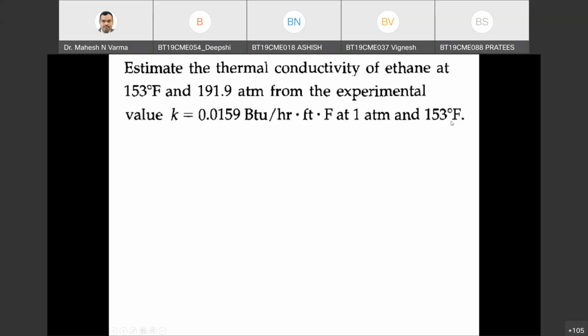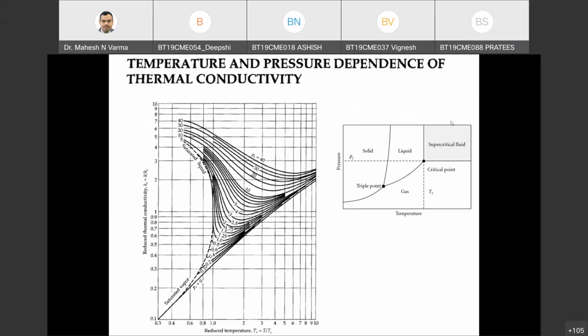So thermal conductivity is given at one temperature and pressure. What will be the value of thermal conductivity at another temperature and pressure? Temperature remains constant, pressure is only changing. And I want to use this graph. So how to solve this problem?